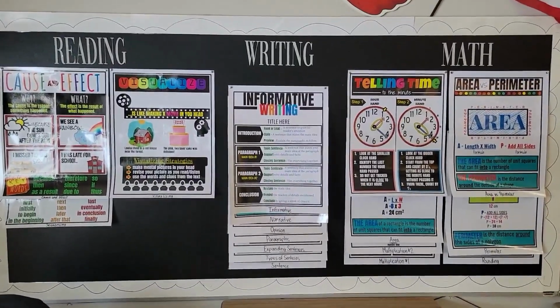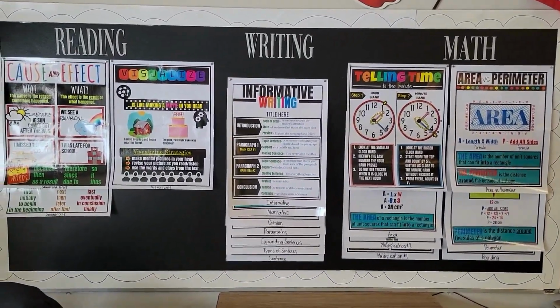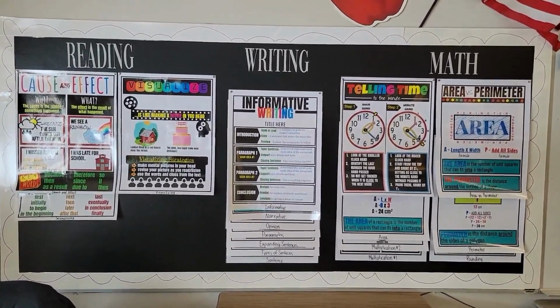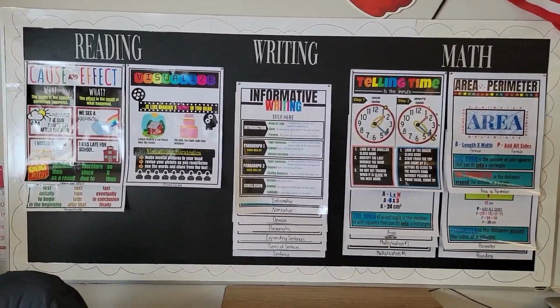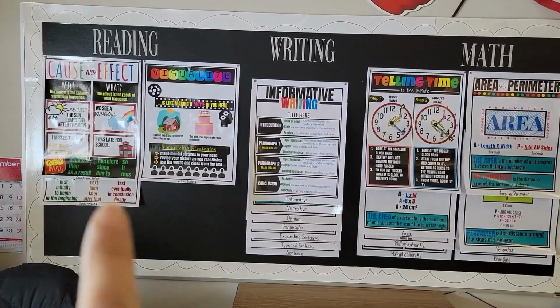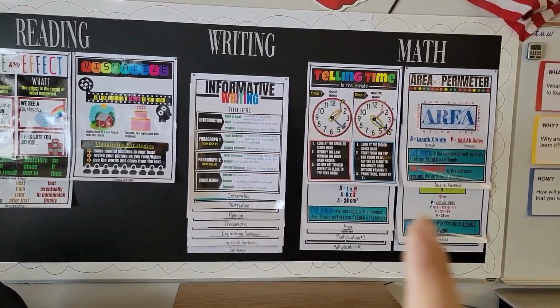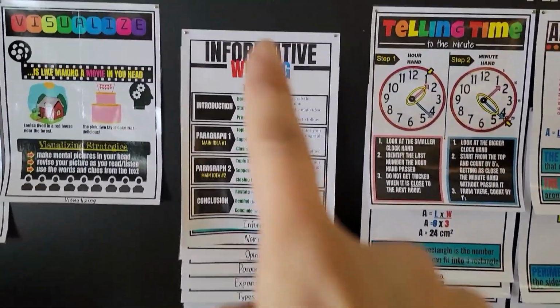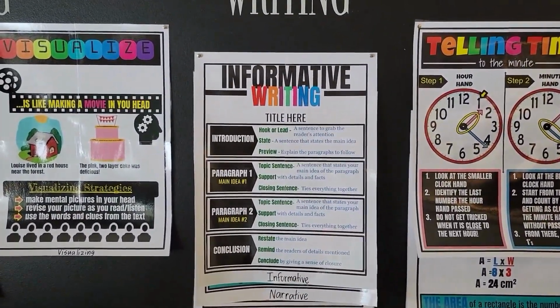Okay, I am back. So like I said before, this is our living bulletin board, meaning that it just changes daily based on what skills we are learning and focusing on in reading, writing, and math. Writing mostly stays the same, but we change what genre we are working on.